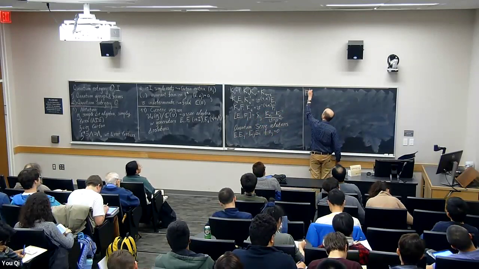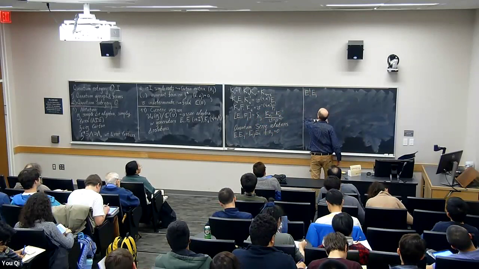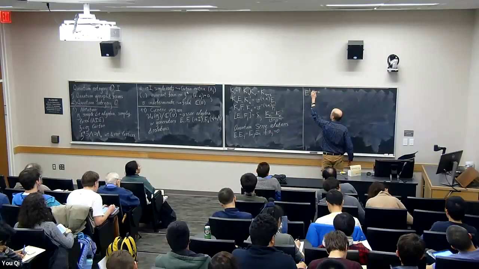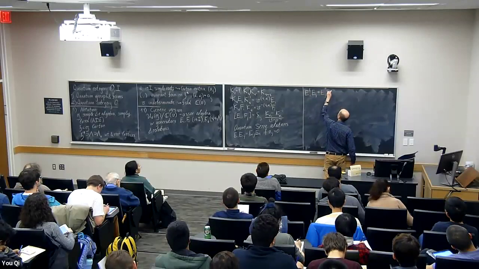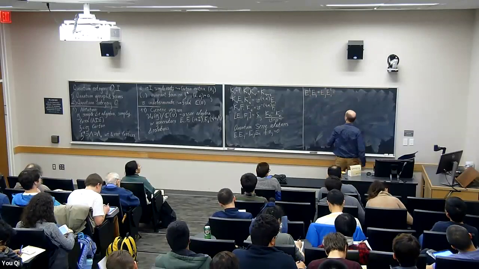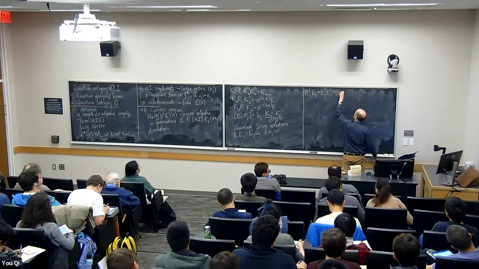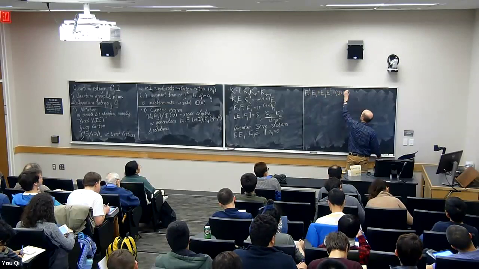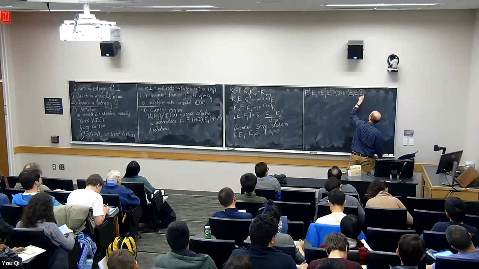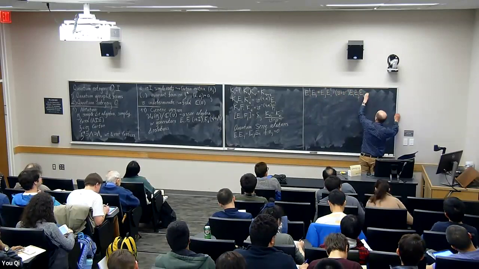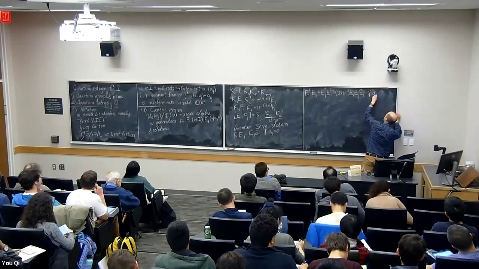E_i squared E_j plus E_j E_i squared is equal to v plus v inverse times E_i E_j E_i. And this is in the case when a_ij is equal to minus 1.